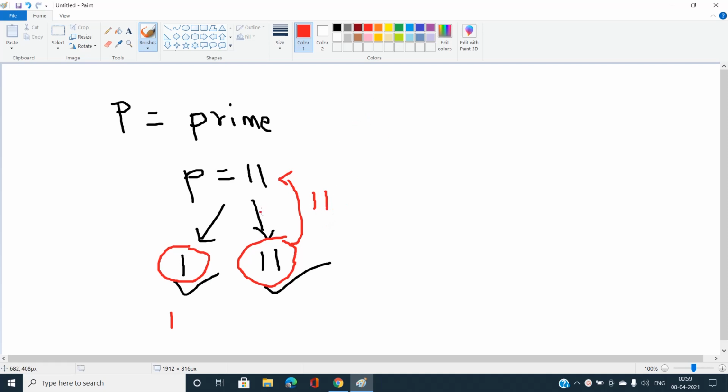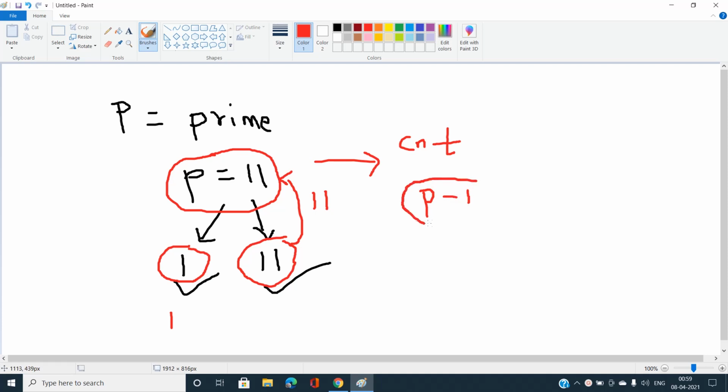Now if there are no more divisors of this P in the range 1 to 11, we can easily see that the count of integers that are co-prime with this number n will come out to be P minus 1. That is, there are 11 integers in the range 1 to 11, and only for 11 does the GCD of 11 and 11 come out to be the number itself, that is 11.